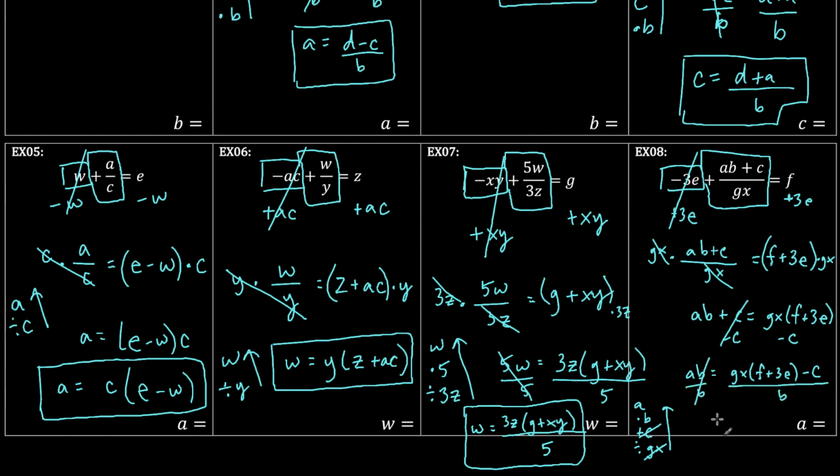Okay, so a equals gx times f plus 3e minus c, all over b. And that is it. Thank you.